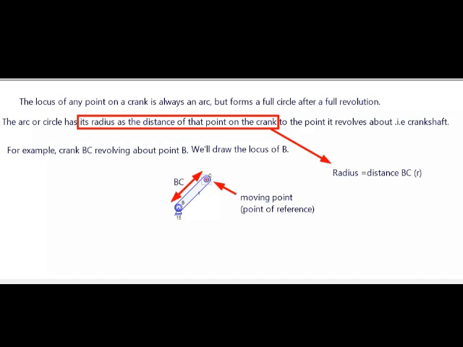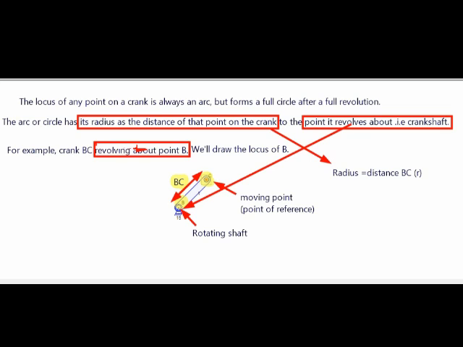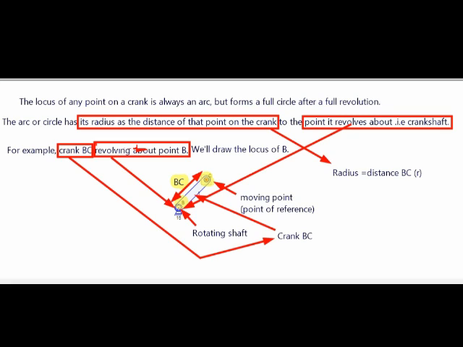The radius is the distance between B, the fixed point, and C. Like I've said, the point it revolves about is the crankshaft, and that's point B. And it's crank BC that revolves about point B.